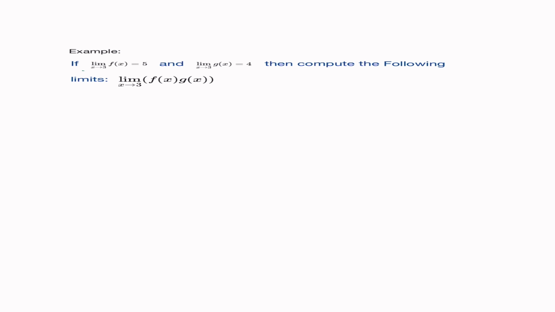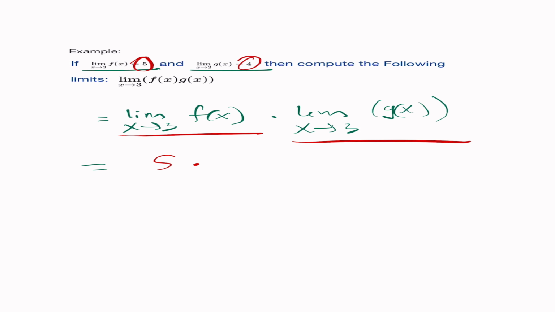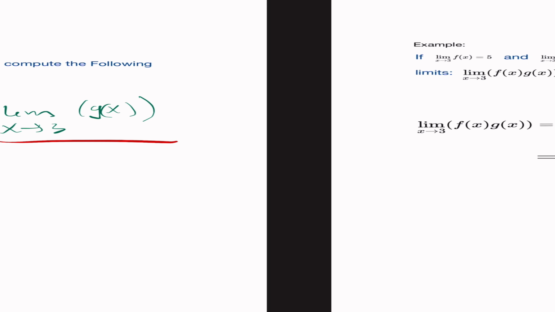We are using the same example over and over. It's going to be the limit as x approaches 3 of f of x times the limit as x approaches 3 of g of x. The value for the first is 5, and the value for the second is 4. 5 times 4 is 20. That is our answer. This is the detailed view.